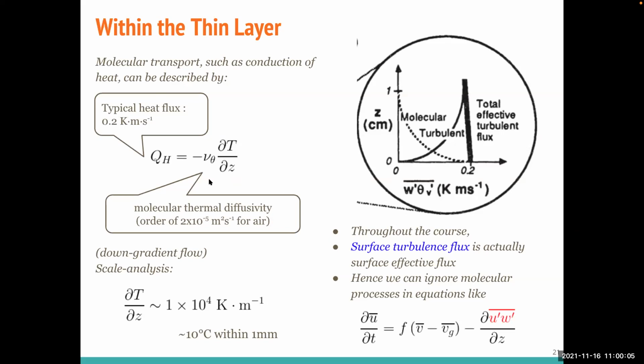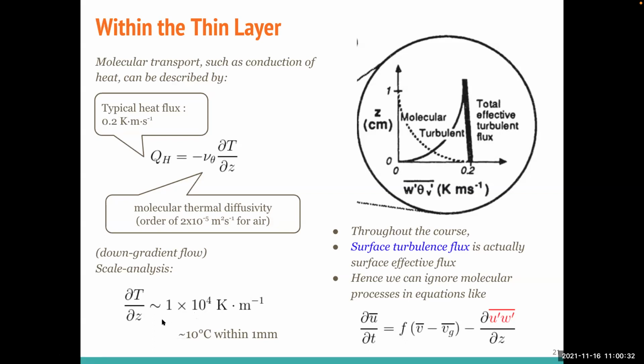Okay, so within a thin layer, again, we use the down gradient approach. So the change of temperature will drive the heat flux. Okay, and it's down gradient from high to low. And this one you can think of as viscosity, but here it is called molecular thermal diffusivity. And this is just a reference value.